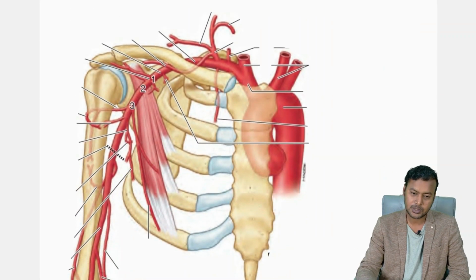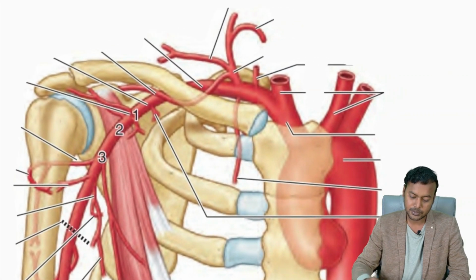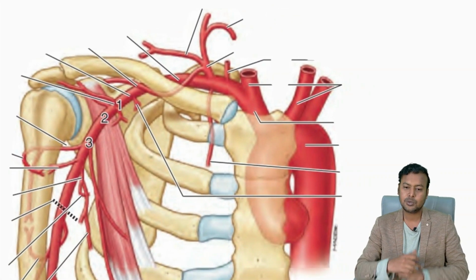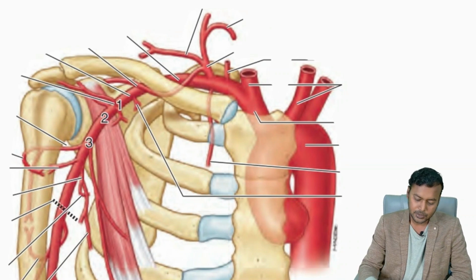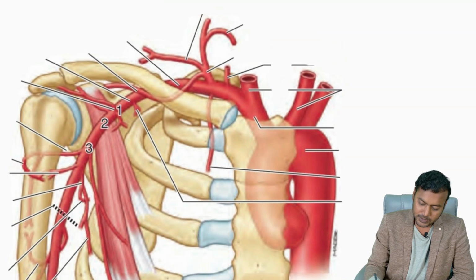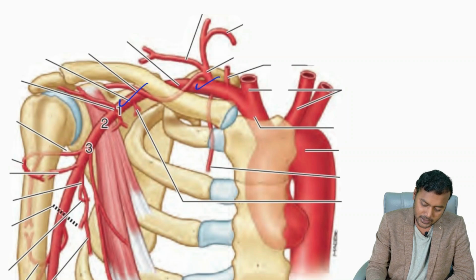Students, coming to the blood supply of the shoulder joint. So as you know, any joint is supplied by branches of the artery which supplies the adjacent structures. So here, if you look at this, the subclavian artery continues as the axillary artery. This axillary artery is divided into three parts, 1, 2, 3.